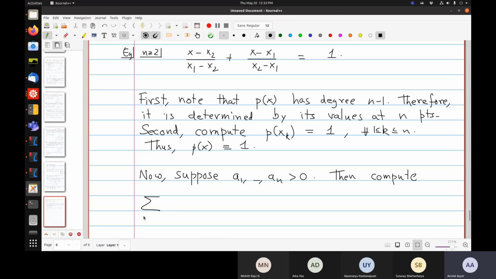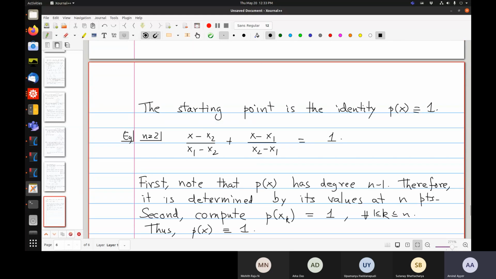Sigma j equals 1 to n of F_n of a_1 up to a_{j-1}, a_j minus 1, a_{j+1} to a_n. Okay, so you have subtracted 1 from the jth element, which you can do because all are strictly positive, and you compute this sum. Okay, so what is this equal to?